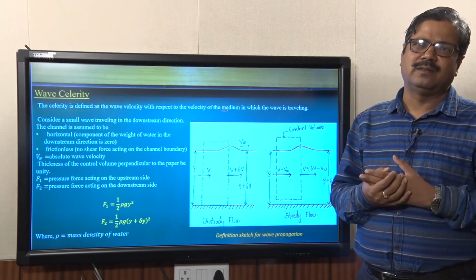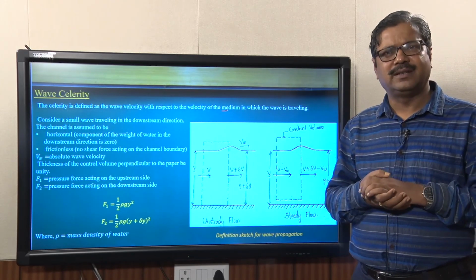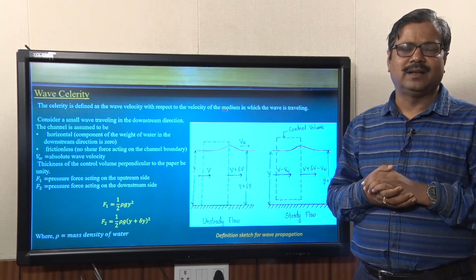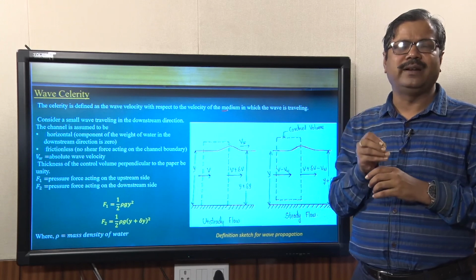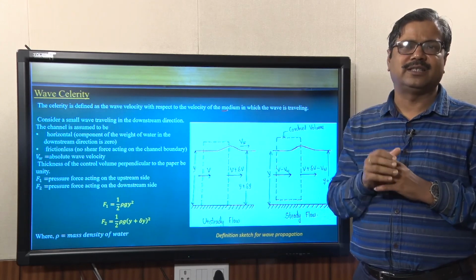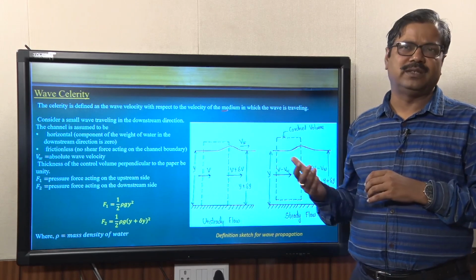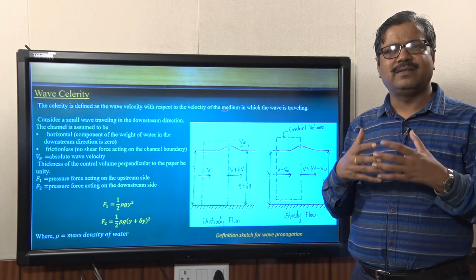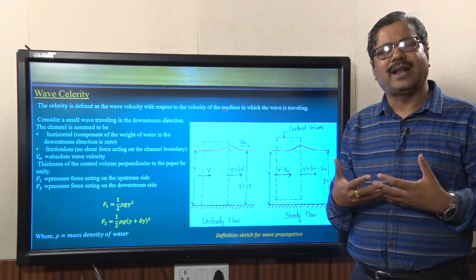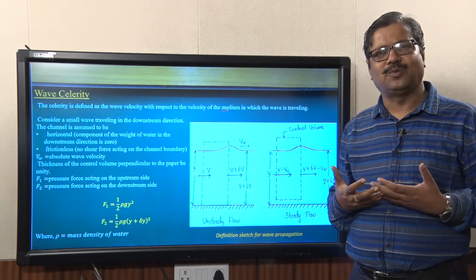Most often river specialists say you go to the bank of the river, throw stones and create a disturbance over the river, and look at the propagation of that disturbance, whether it moves upstream or downstream, or propagates in both directions. Based on that propagation, we can identify whether the flow is subcritical or supercritical.